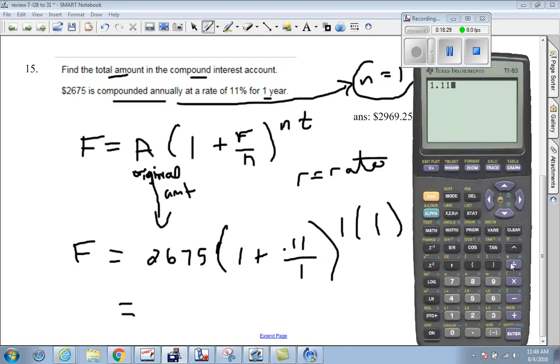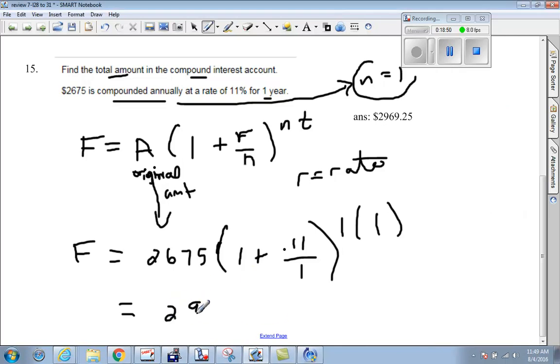And then raise to, up caret, well, 1 times 1 is 1, so I'm only raising it to the first power. And then eventually multiplying it by the 2,675. So order of ops, and we arrive at 2,969 and 25 cents. Which we know is the answer.